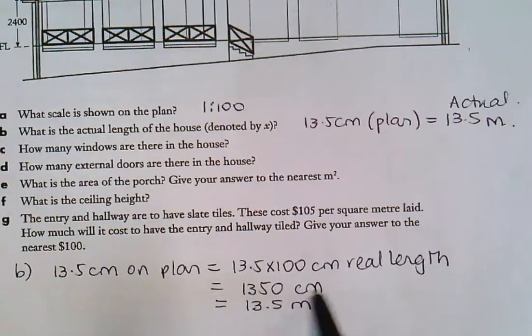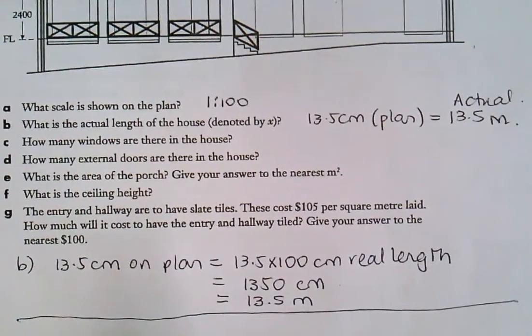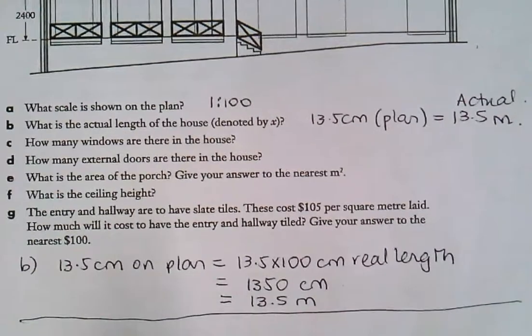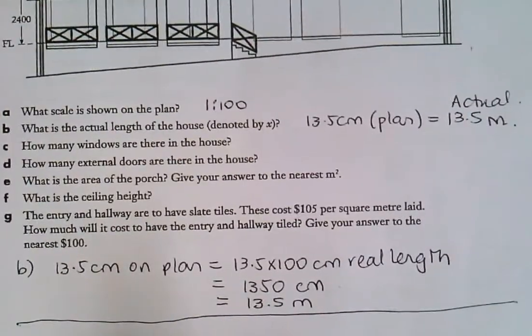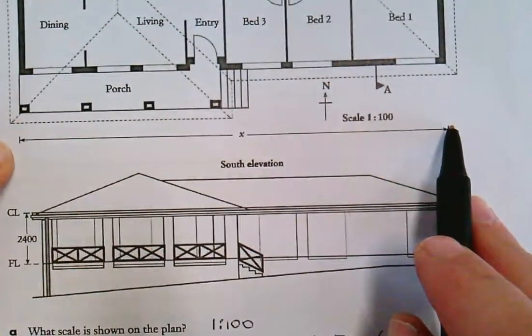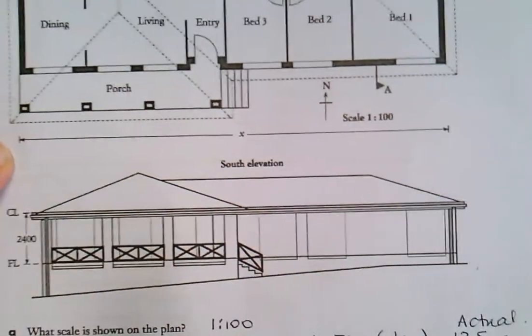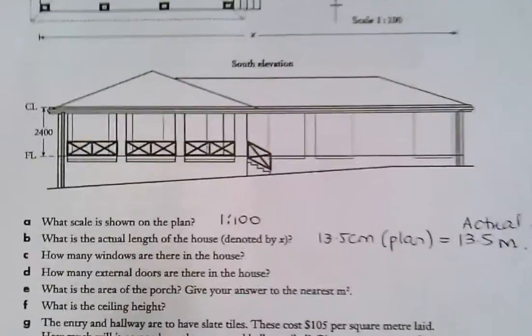So it's 1350 centimetres, and converting that to metres, we get 13.5 metres. Is that how long it is? Yes, that's the length of the house. Oh, yeah, denoted by X. Yes, it is.